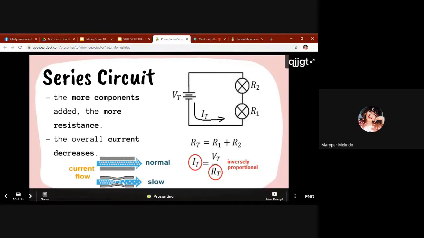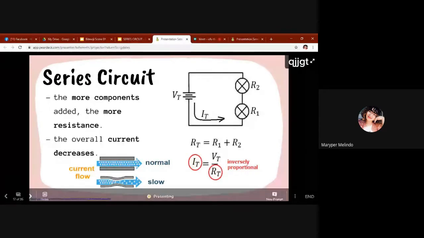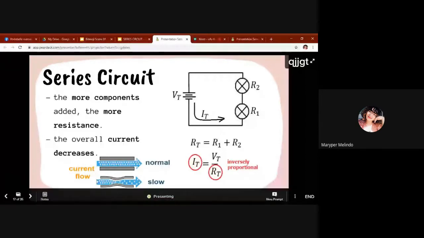Because of a high amount or because of the increasing resistance. And because of that, wala siyang choice kundi bagalan. Just like for example, tayo kunwari sa pila, wala tayong choice kundi mag-social distancing. Kasi bawal dikit-dikit. Okay? So parang ganon. Ganon din si resistance. When there is increasing amount of resistance, the current have no choice but to decrease and to slow down. Okay? Next.